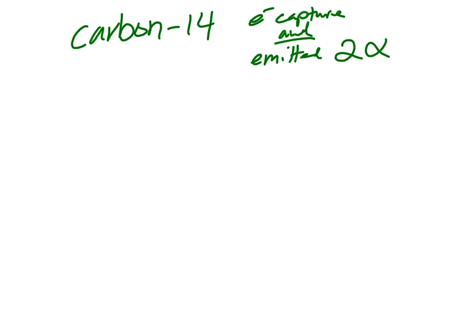So let's take a look. Carbon-14, and then I have 6 because that's 6 protons, and it has electron capture, which means that's an electron on the reactant side. Then I'm going to have some sort of product, but I'm also going to emit 2 alpha particles.